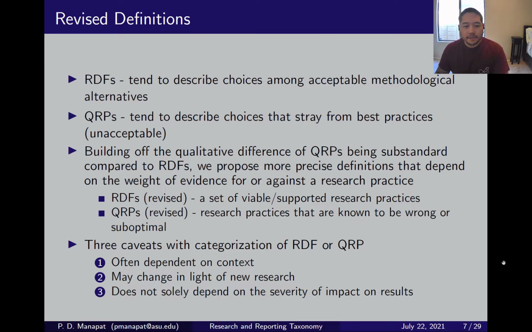And then number three, it does not solely depend on the severity of impact on results. So even though something is suboptimal and a QRP does not automatically mean that the impact on results will be severe. Sometimes QRPs have no effect on the results, but that's not part of how we're deciding to categorize between an RDF or a QRP.